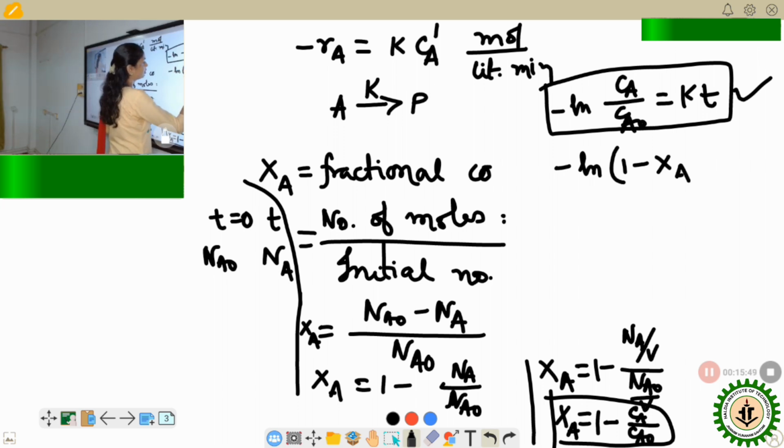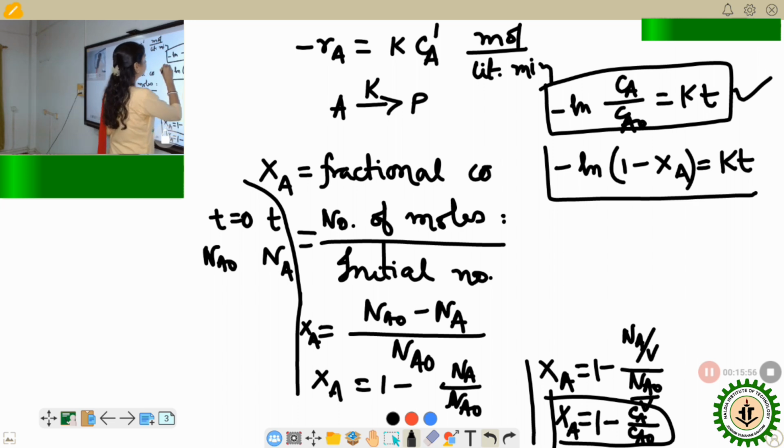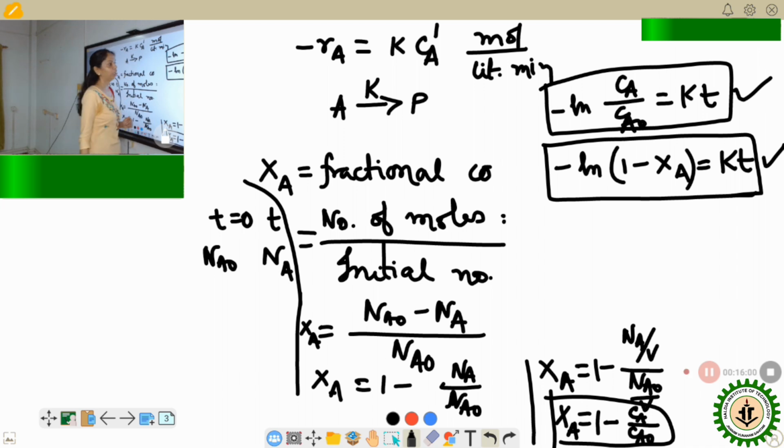Minus ln (1 minus XA) equals Kt. This is also another expression for the first order integral formula. Okay. Now we will move on to the second order.